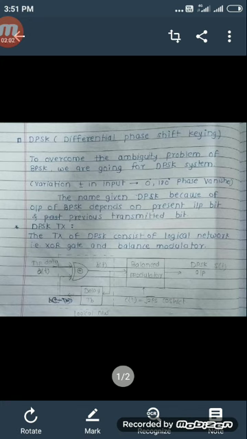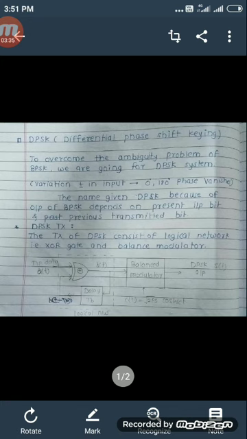With the help of the delay of TB, we have taken the previous transmitted bit, B of t minus TB, and it is applied as the second input to the XOR gate. Then D of t XOR with B of t minus TB gives the output of the XOR gate, that is B of t, and this is applied as the first input signal to the balance modulator.